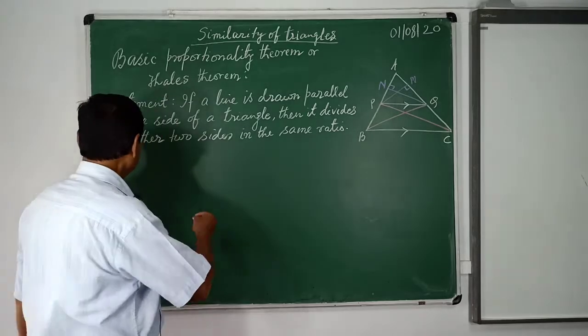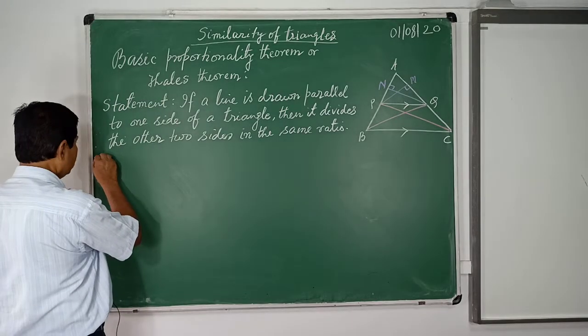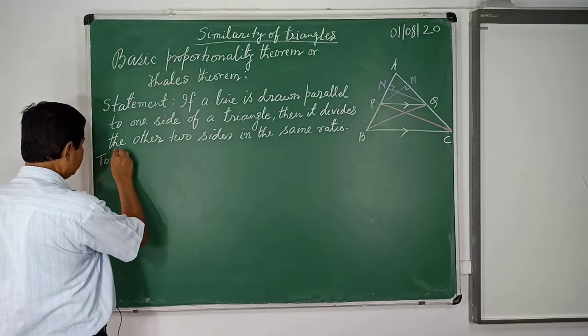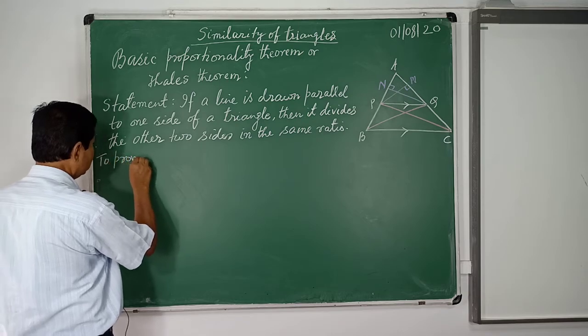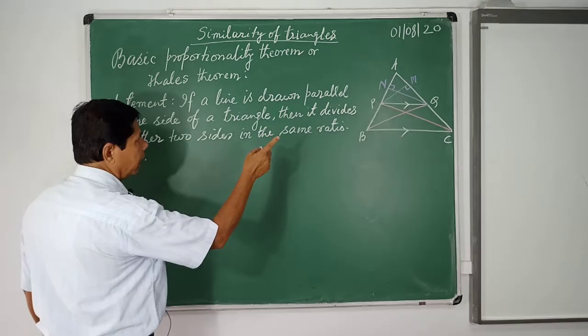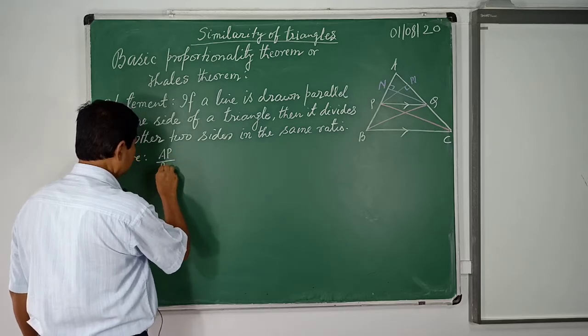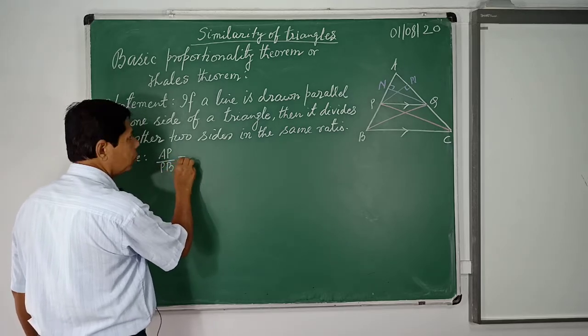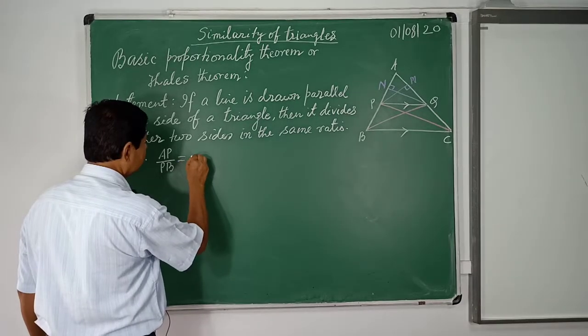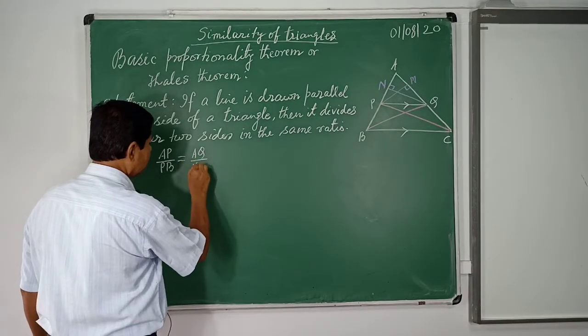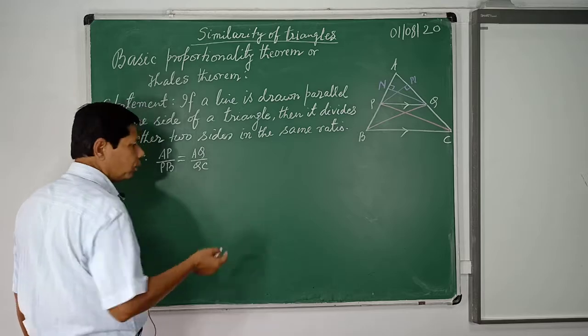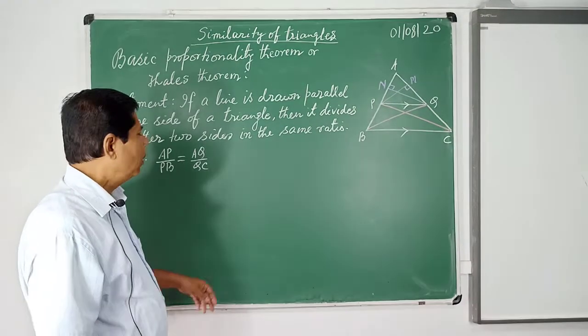So required to prove is, that is your second step, to prove AP by PB equal to AQ by QC. This is required to prove. Second step.